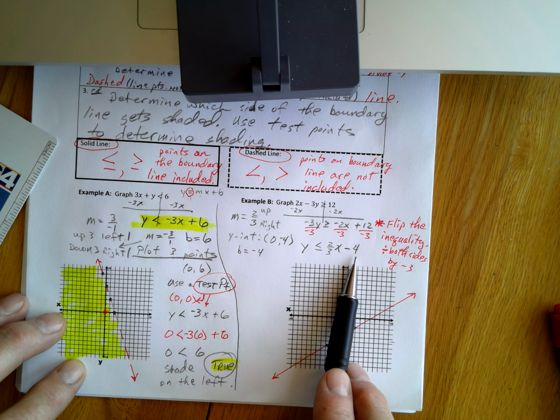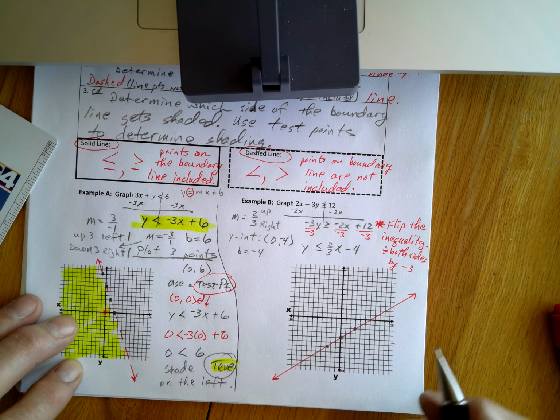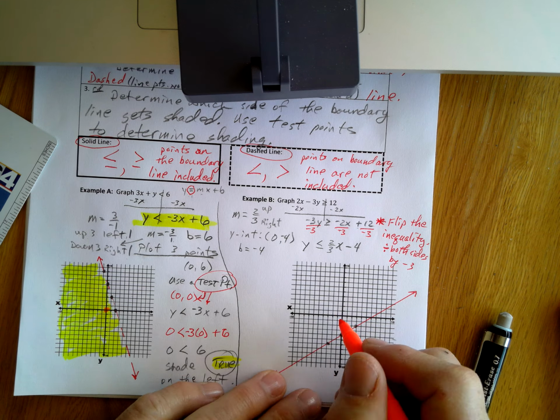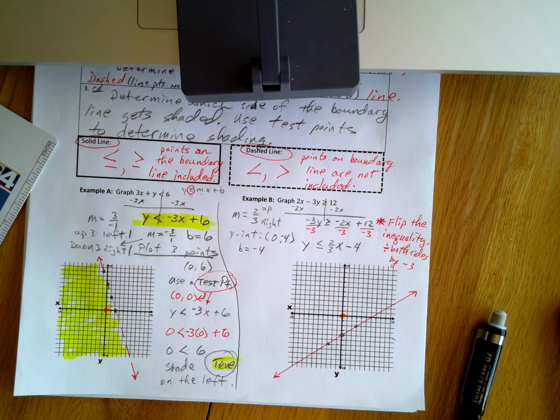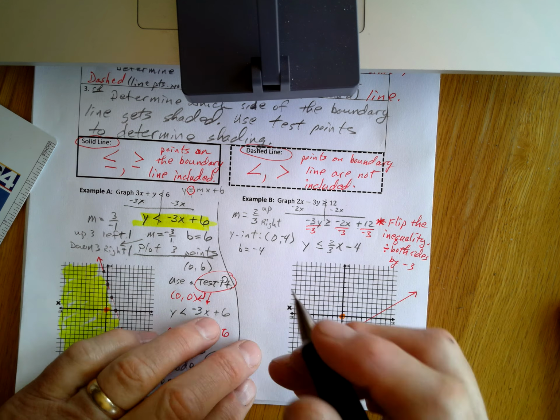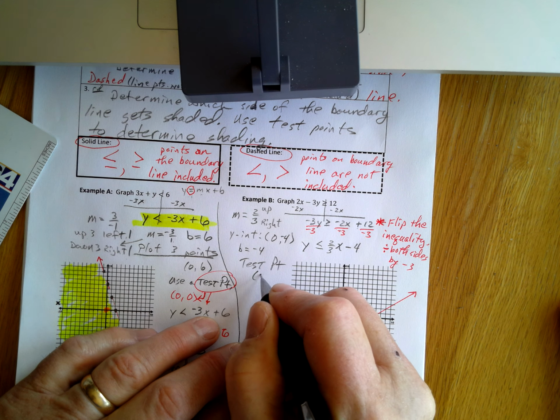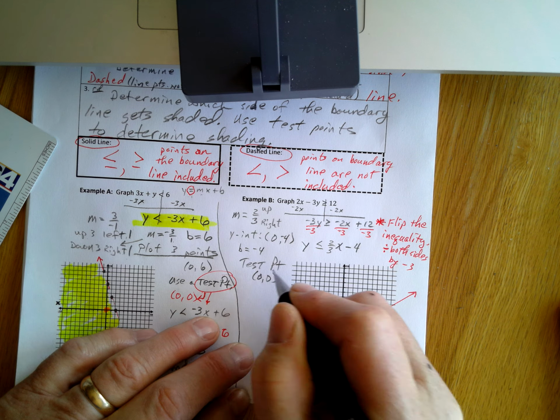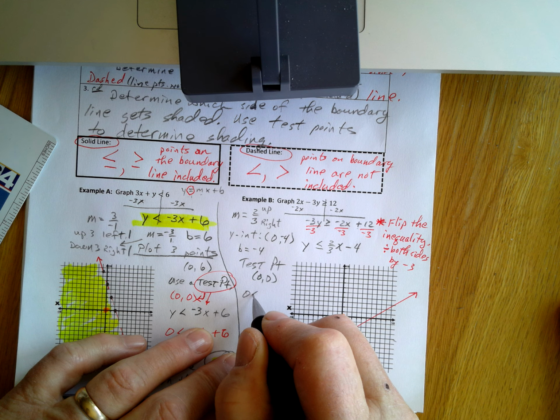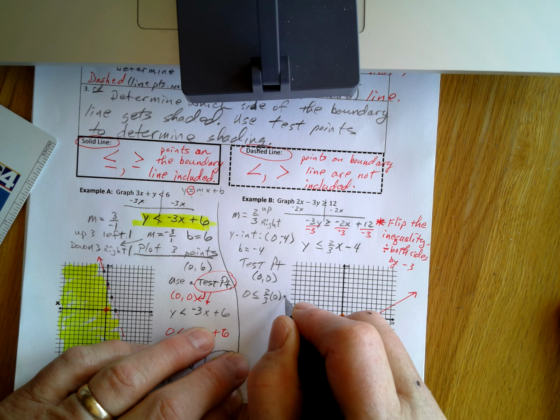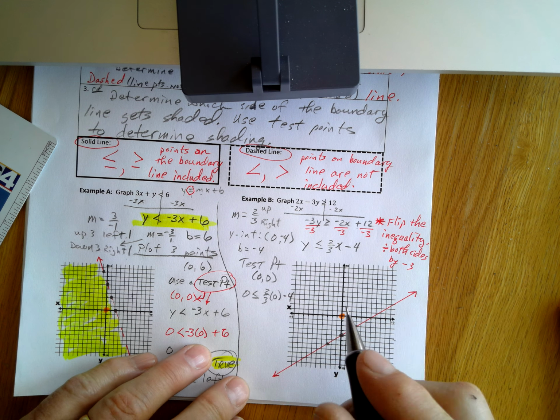Now, what I want to test, though, is another point. And I'm going to test, again, you guessed it, 0, 0, because 0, 0 is so easy to work with. So my test point is going to be 0, 0. So 0 less than or equal to 2/3 times 0 minus 4. 2/3 of 0 is 0, minus 4.